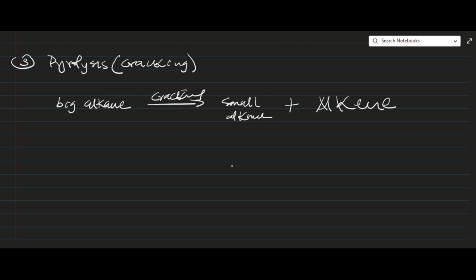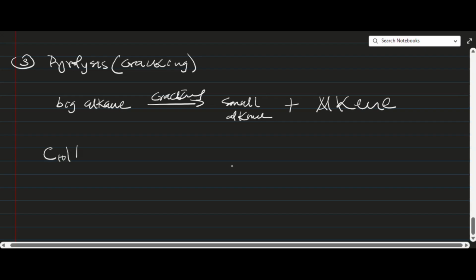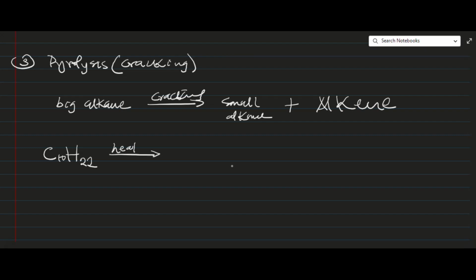So let's have a look at a reaction where we have C10H22. This is decane. When it is heated, this reaction happens in the presence of a catalyst. Sometimes you can use heat only, sometimes you can use heat and catalyst.